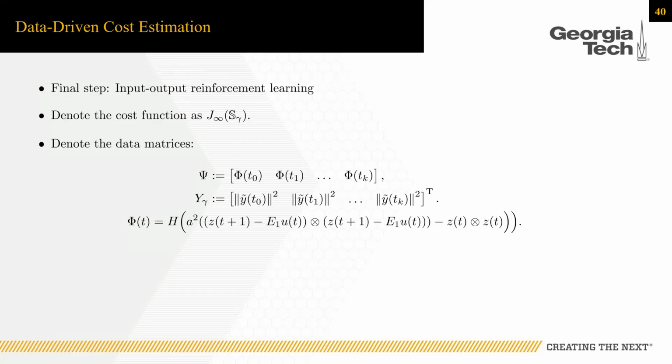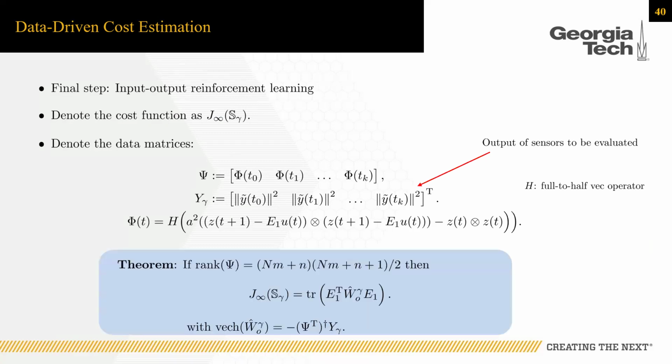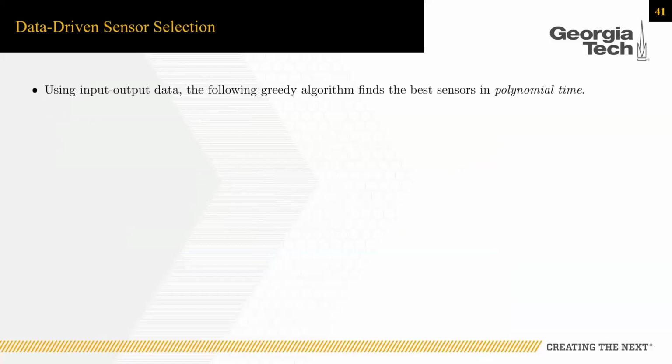What I cannot measure, or what I don't know, I put into the unknown weights. The y gamma is the output of the sensors to be evaluated, and of course we need some rank conditions to guarantee that everything goes well. So this is the cost, and let's see how this can be put together.